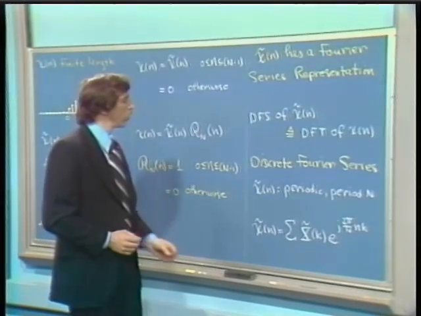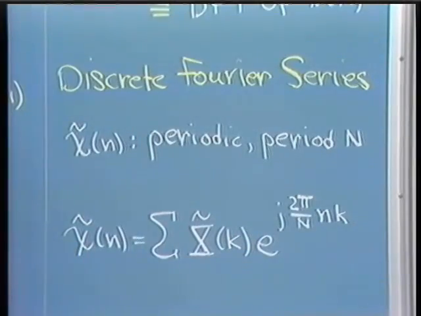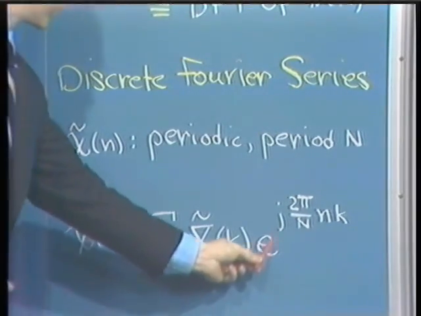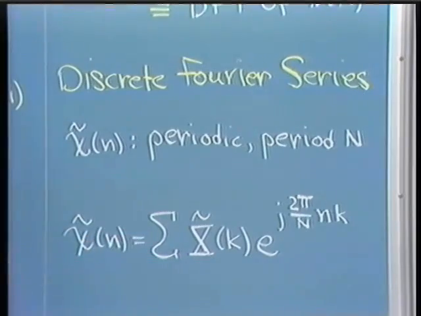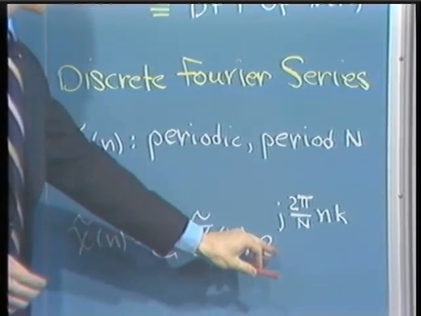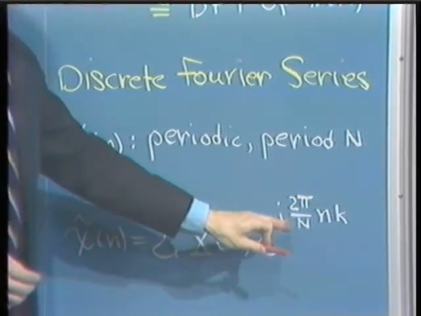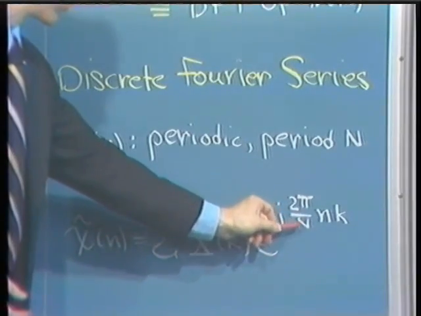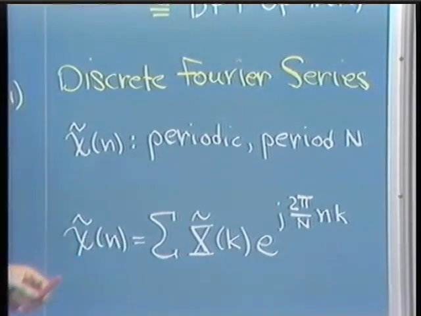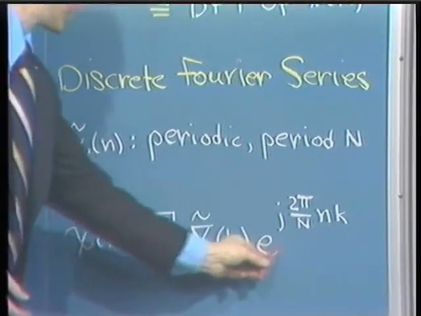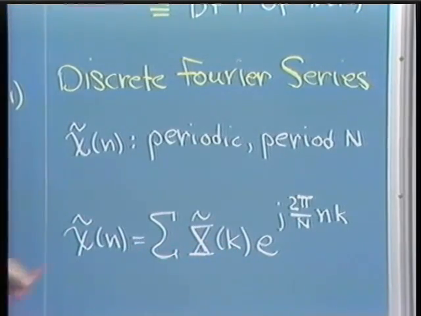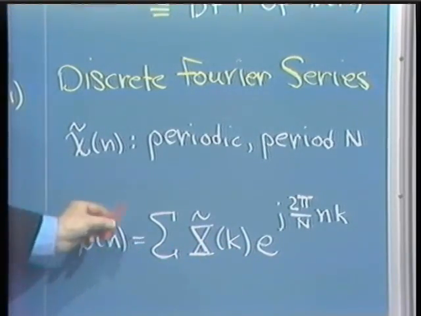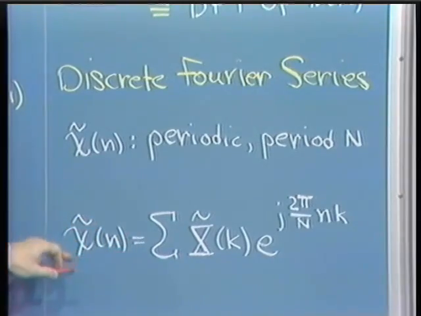That is, we can represent a periodic sequence, x tilde of n, as a linear combination of complex exponentials which are harmonically related to the frequency, or equivalently the reciprocal of the period, so that this forms a general relationship for a discrete Fourier series of a periodic sequence x tilde of n.